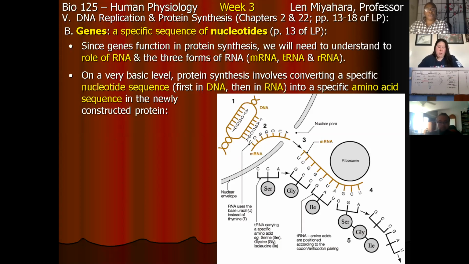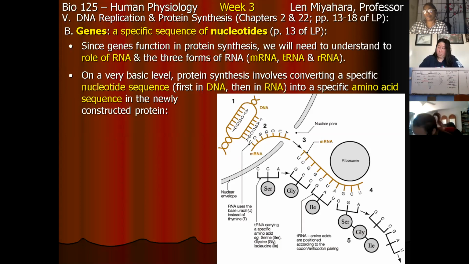Everybody follow this right here. Put a big circle on this. This is the big picture of protein synthesis. It's about going from a DNA nucleotide sequence to an RNA nucleotide sequence, and then to a specific amino acid sequence, which is primary protein structure.